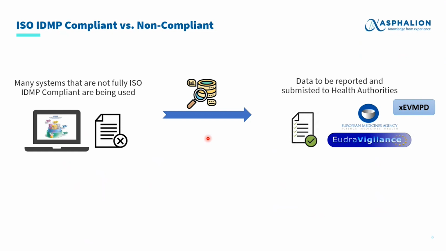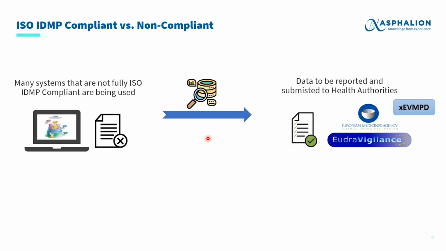these non-compliant systems were storing data that had to be reported to the health authorities. For example, XEVMPD. There are many systems used right now that only have the necessary data that should be reported to XEVMPD. And so far, this has been great, fantastic.